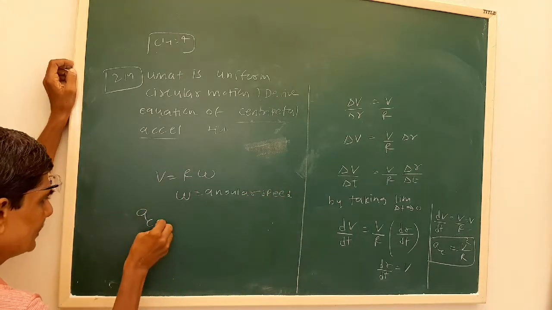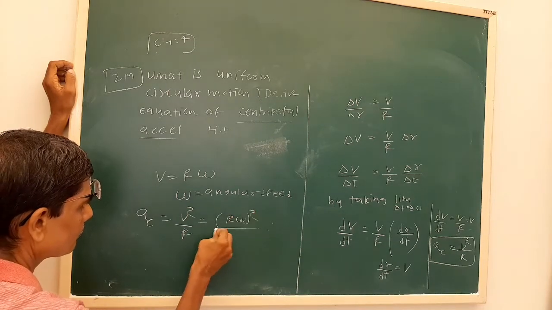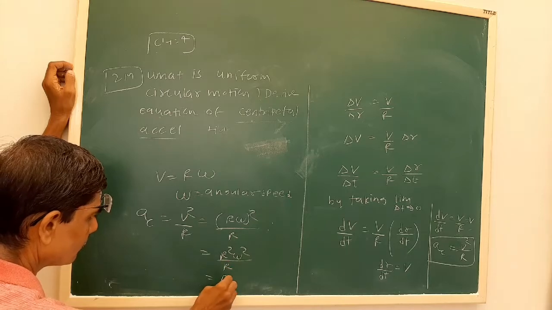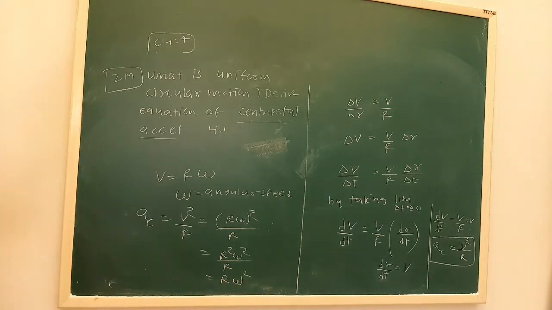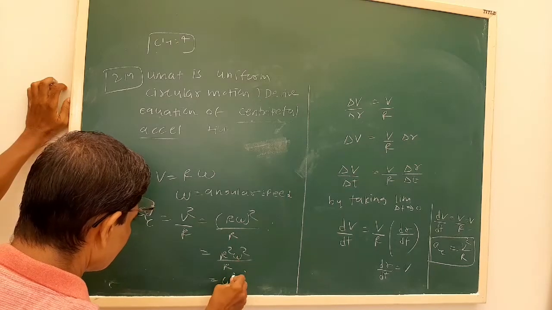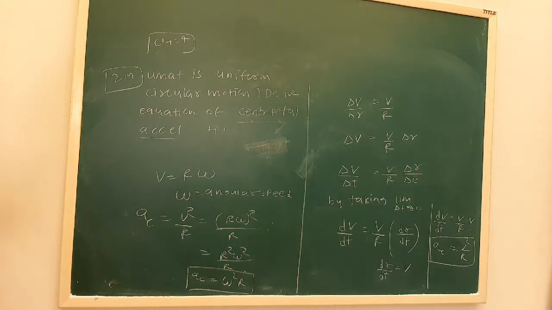So here centripetal acceleration AC is V square by R, which is R omega square. Sometimes we write centripetal acceleration in terms of this.